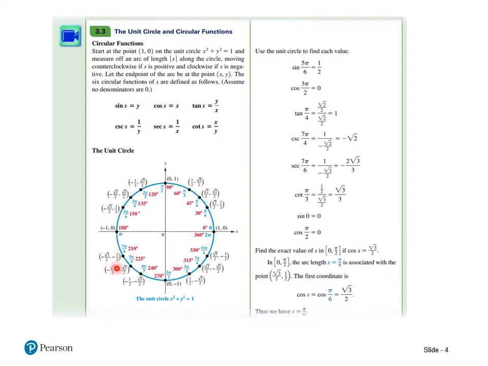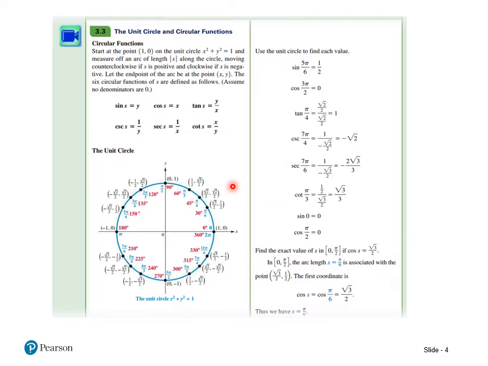Same numbers here, reference angle 30, different polarity. Same numbers here, reference angle, but different polarities. Because in each of the quadrants, x and y are positive or negative, and so we figure out which polarity to use depending upon which quadrant we're in.